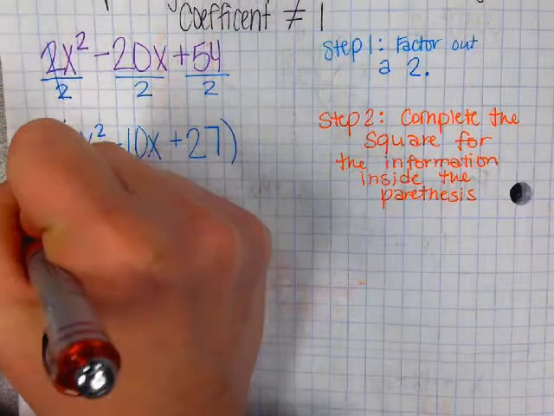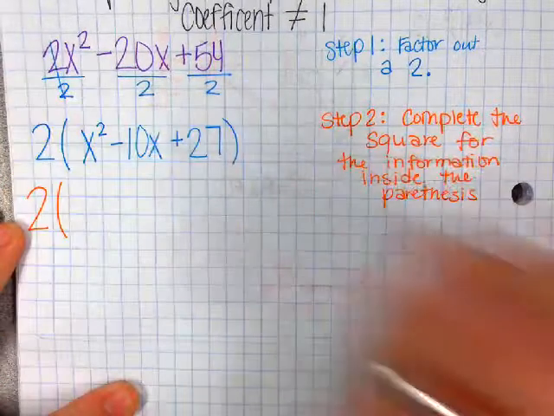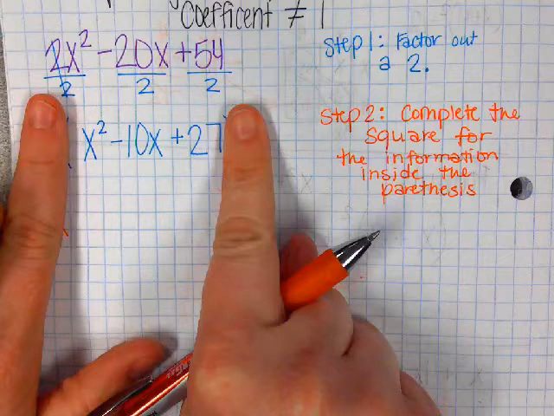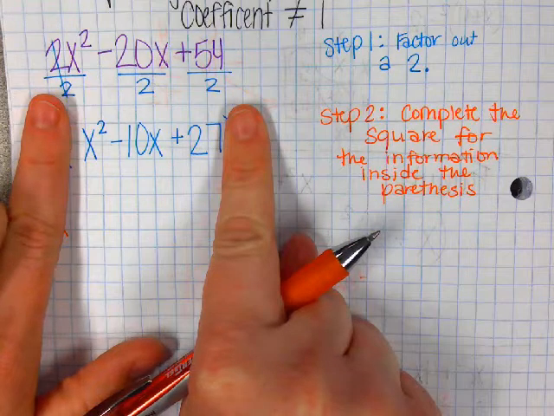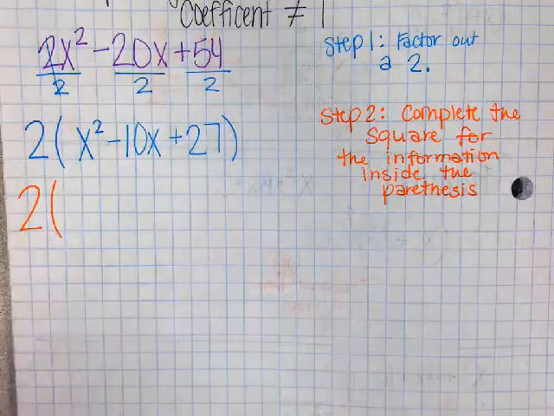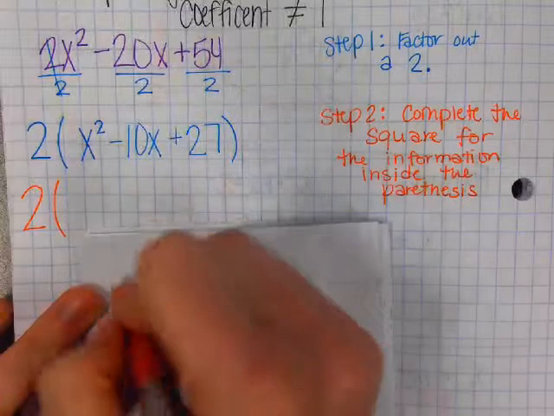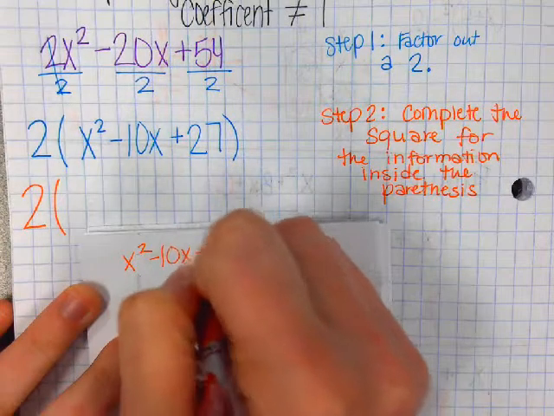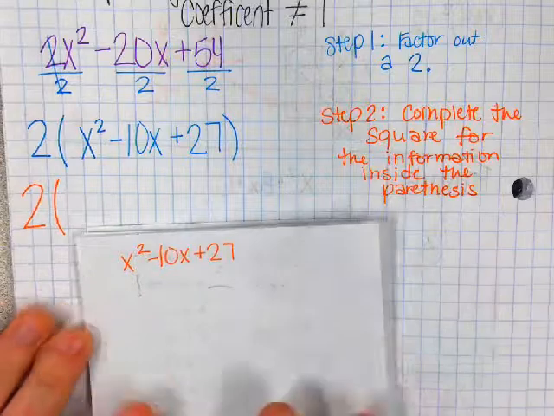Now this 2 is just going to stay out there for a while. So that 2 stays out there. I'm going to look at this information and this information alone to complete the square. So if I have x squared minus 10x plus 27.